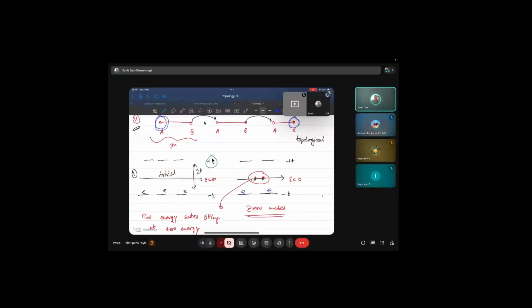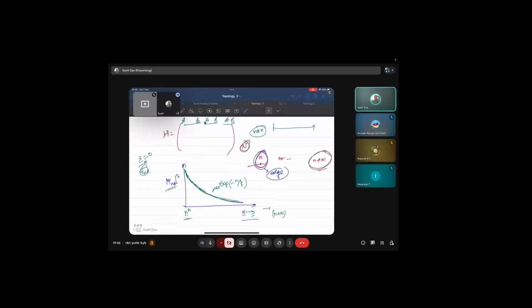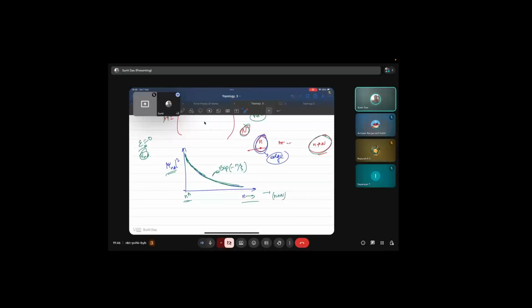So remember we have a gap here. The bulk is still 2t: the difference in energy between the down band and the up band is 2t. But there are particularly two states which have zero energy, and once you numerically solve this, you see that the zero energy states, which we denote by psi n squared, this is the probability, the wave function squared, live on the edge.